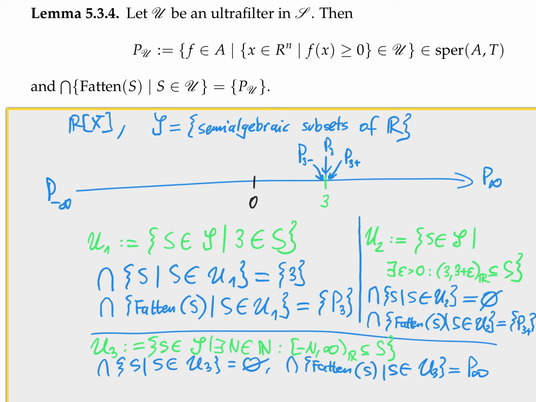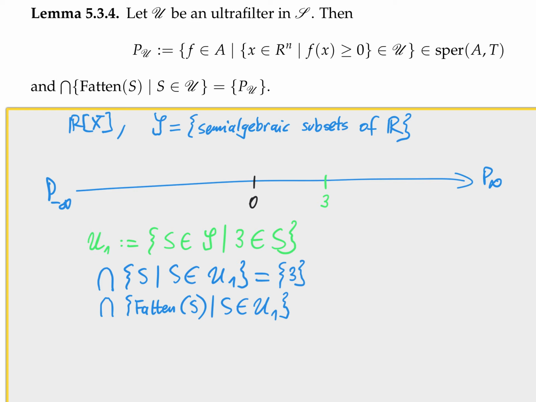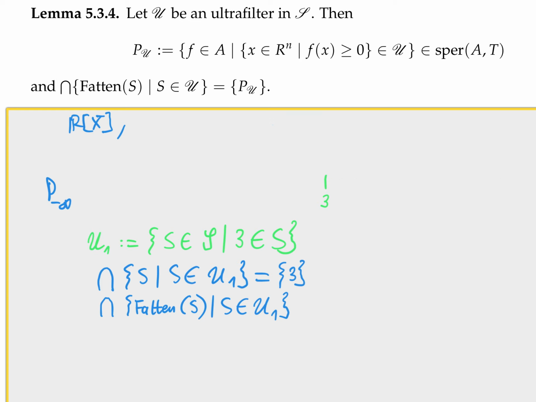And here you say it's the set of all f which are non-negative on a neighborhood of infinity in some sense, right? Okay, good. Okay, in a naive sense, because we didn't introduce this topology, which I'm referring to here.